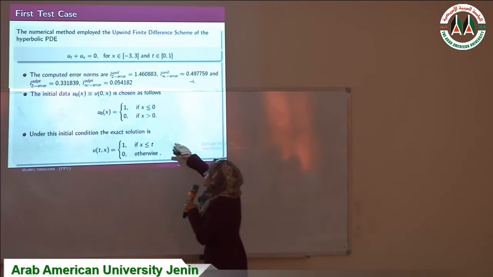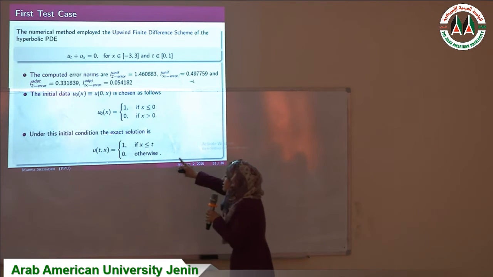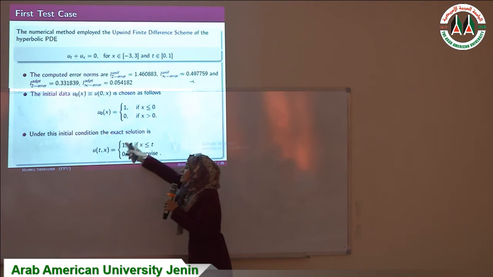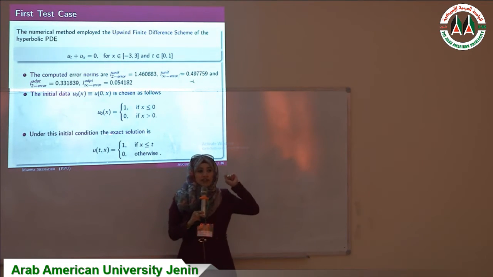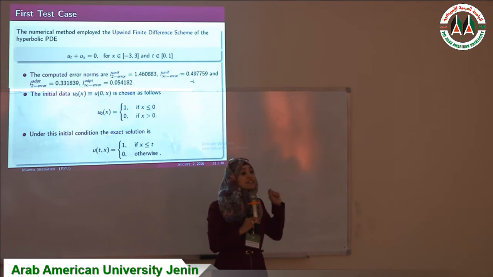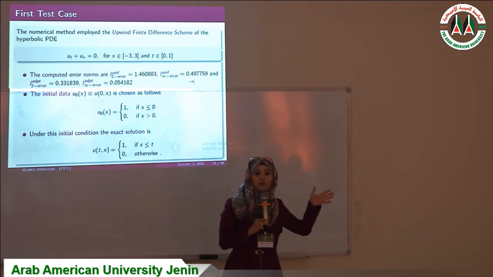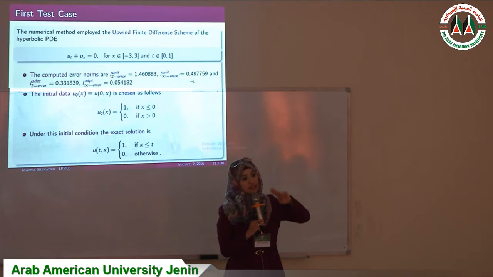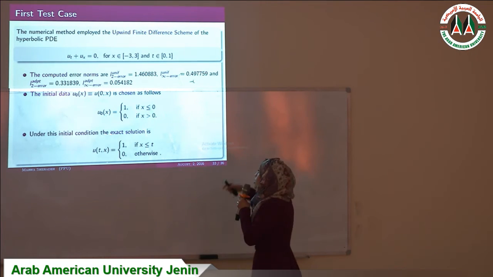For this initial and boundary condition, we have the exact solution here. A note: all my cases have exact solutions, so I can compare the numerical solution, adaptive and uniform.